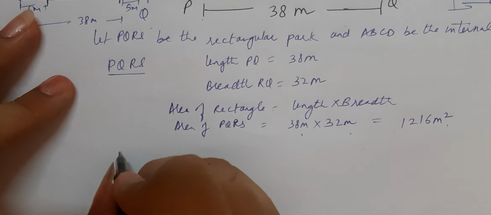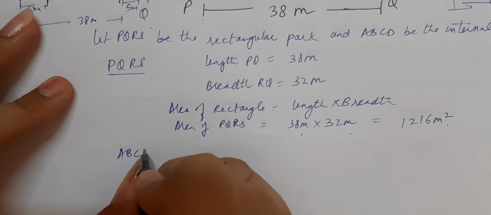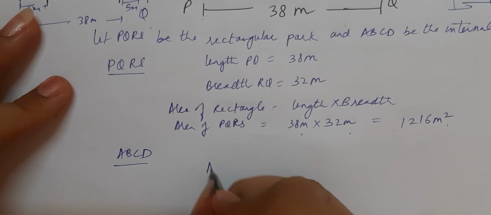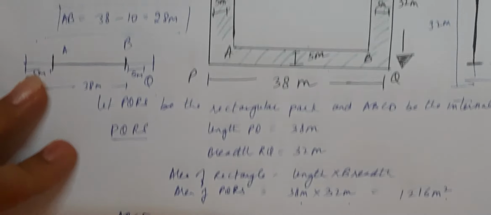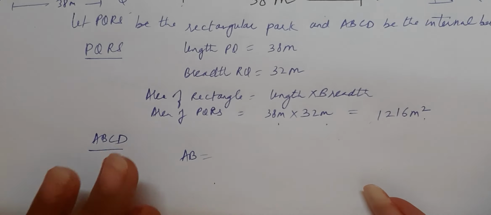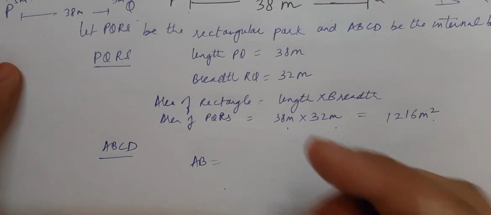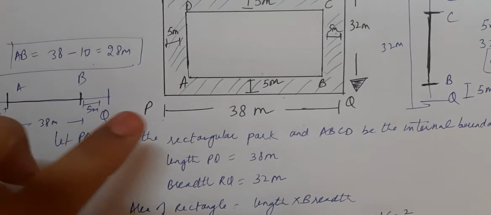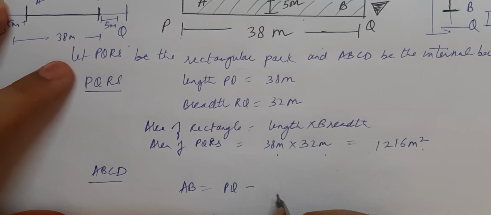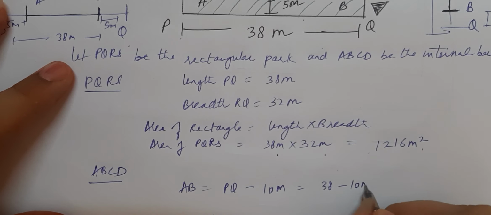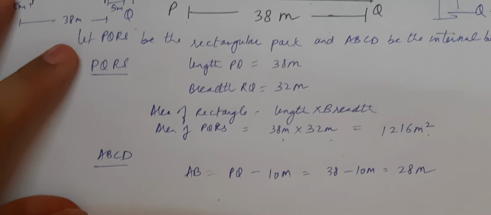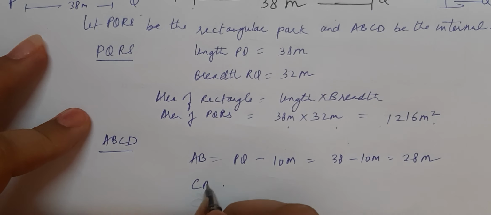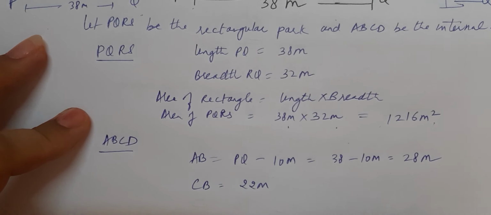So for rectangle ABCD, we will write here also the things just for understanding, but you have to mention them in your answer too. For AB, PQ minus 10 meter, that is 38 minus 10, which is 28 meter. Now similarly for CB, it will be 22 meter.